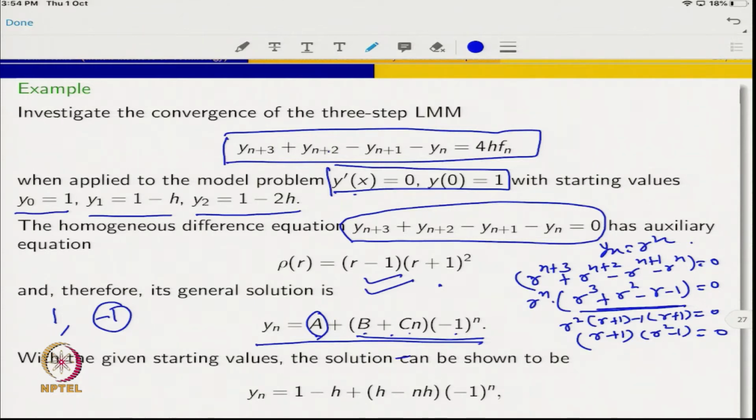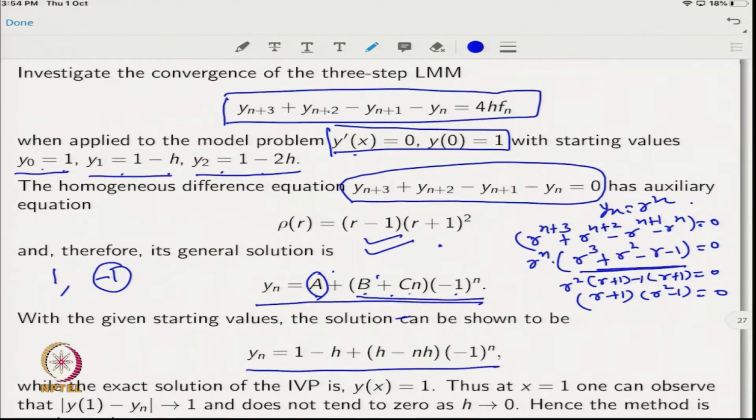With the given starting values, the solution can be shown to be this. Now the question is how to find these coefficients a, b, c. I can find them with the conditions y0 is 1, y1 is 1 minus h, y2 is 1 minus 2h, and using those initial conditions, finally the solution of the difference equation will look like this.